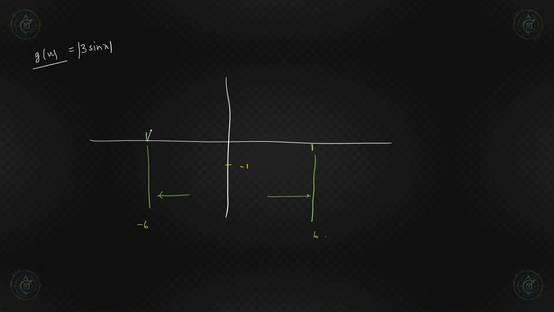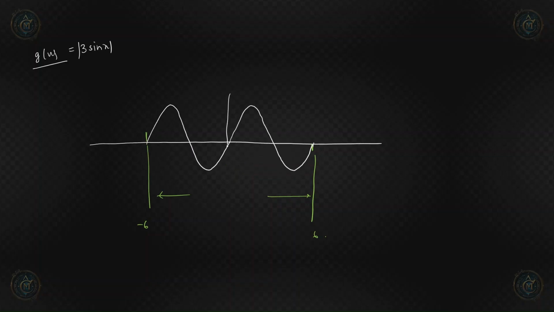So the graph will look something like this. Okay, so this point becomes minus 3 and this point becomes 3. Okay, (0, 3) and (0, minus 3).